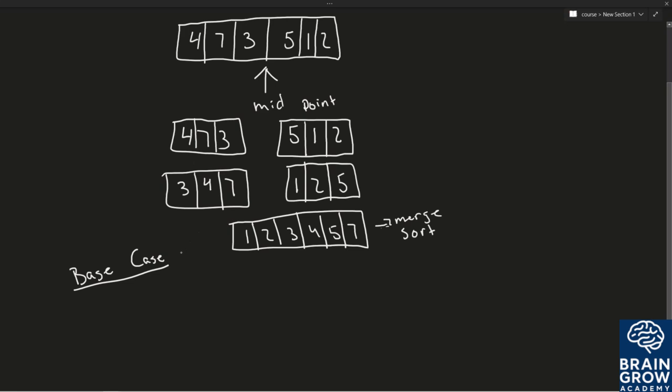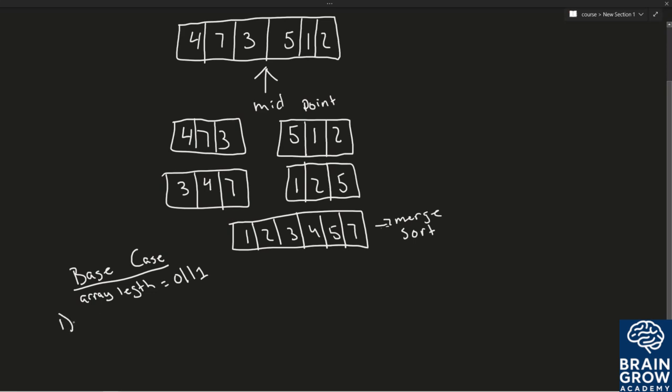We will continuously call one of our functions in order to break down our array until we have a very basic one, maybe two element array that we can very quickly sort, and then start unwinding the stack and merging everything back together. So we're going to have a base case where the array length is equal to 0 or 1.